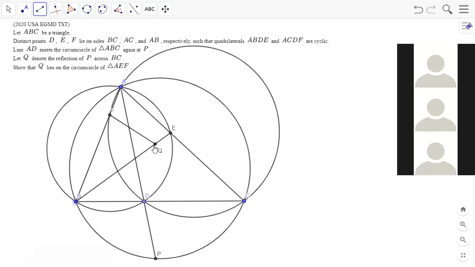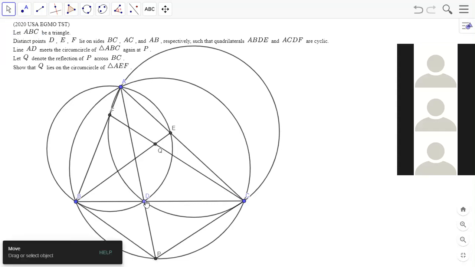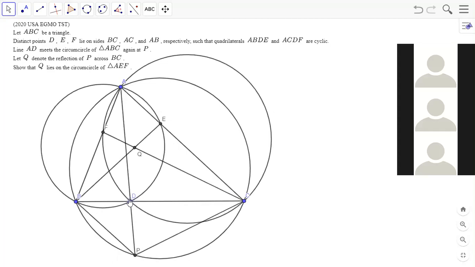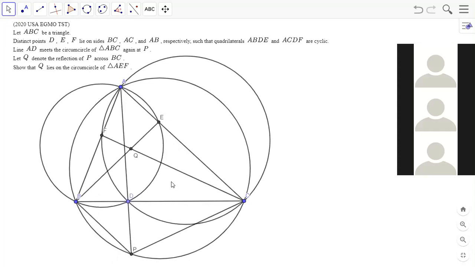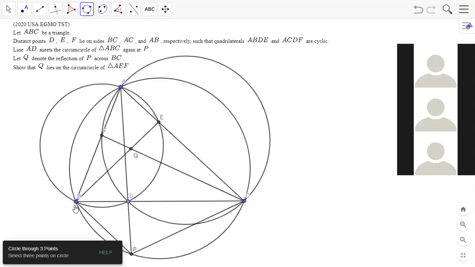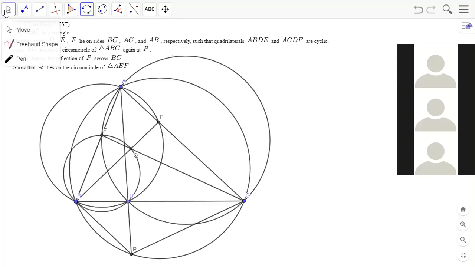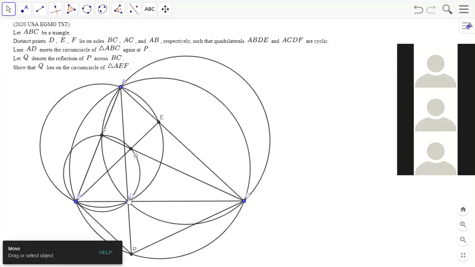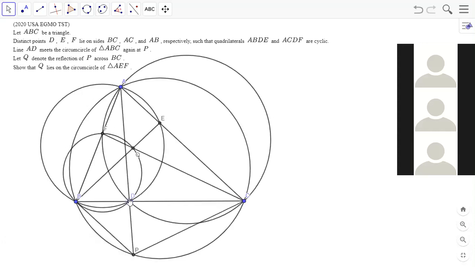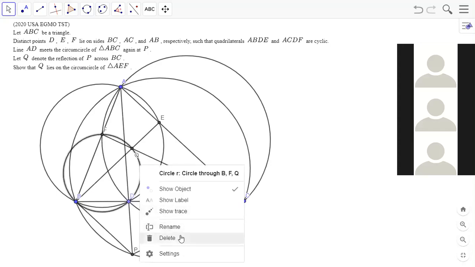So BQCP is a kite, basically. And we just want to show that that's cyclic. Is BFQD cyclic? I don't know if we can use Pascal's theorem. Yeah, okay. So maybe it's just like Pascal's theorem. How do we show BFQD is cyclic? And then we use the same argument for CQED.